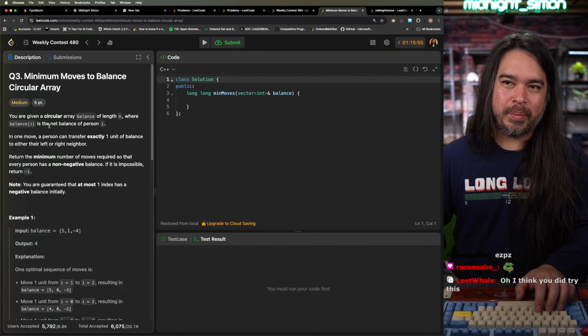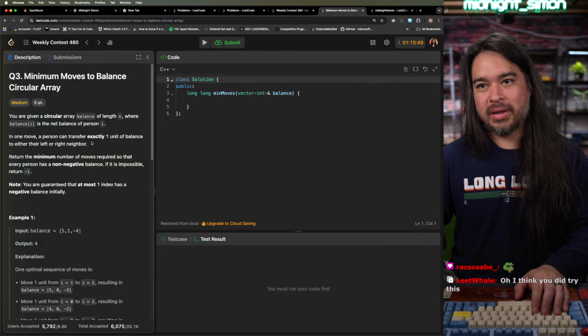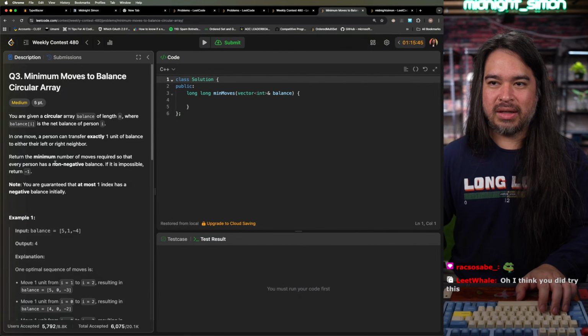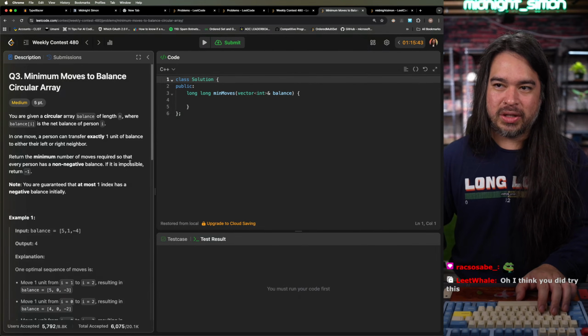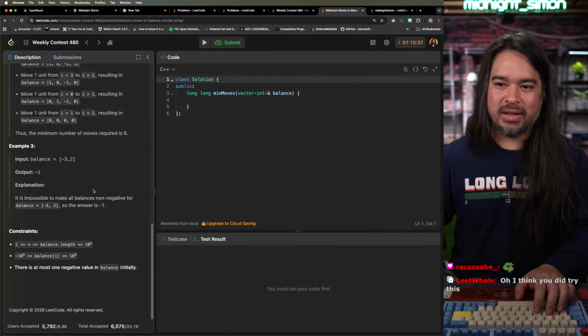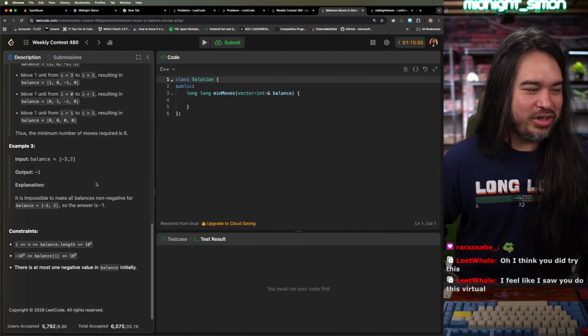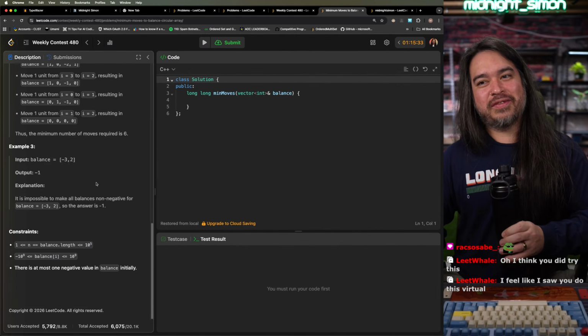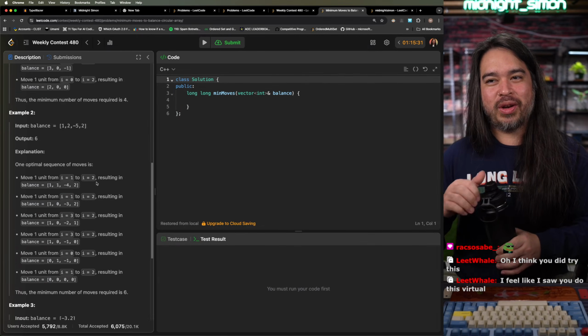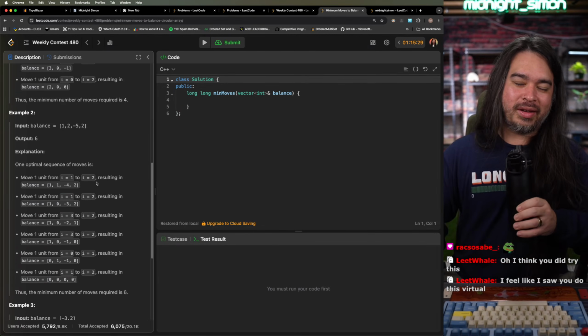In one move, a person can transfer exactly 1 unit of balance to either their left or right neighbor. Return the minimum number of moves required so that every person has a non-negative balance. If it is impossible, return -1. Note you're guaranteed that at most one index has a negative balance initially. Think you did try this? It feels familiar, man. Maybe I couldn't figure it out though.